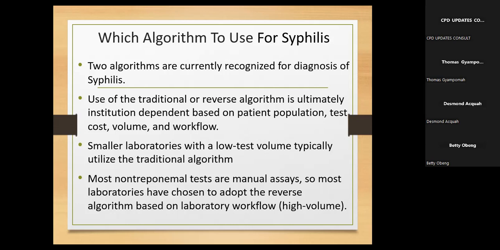Right. So now the ball is in your court, whether to go by the traditional or the reverse. Depends on you. But you see, like I said, for the high volume workflows where there are too many cases coming in, you know that you have to also ensure that your turnaround time is also very much acceptable.